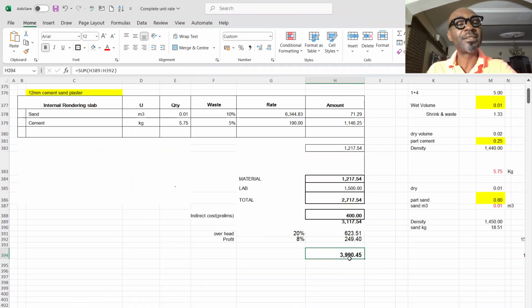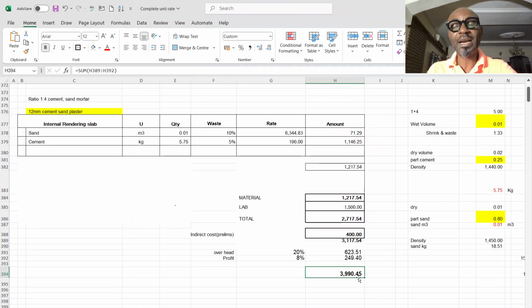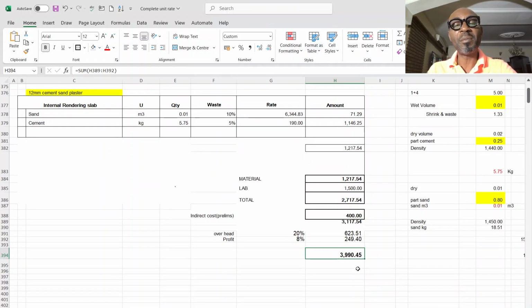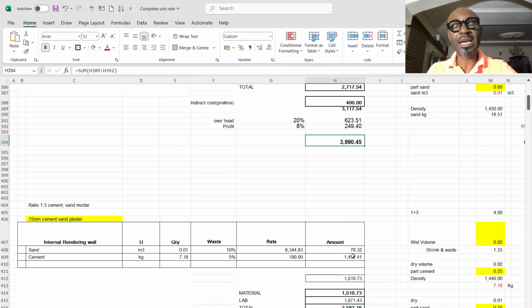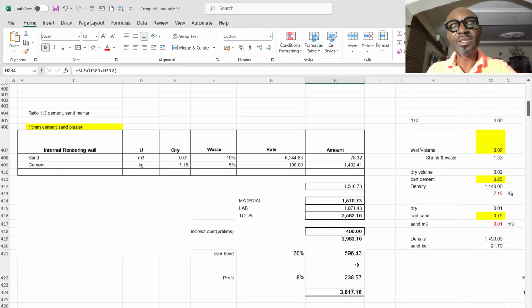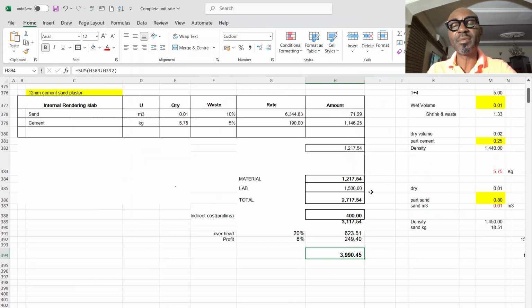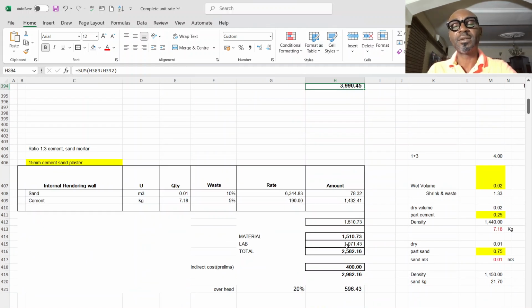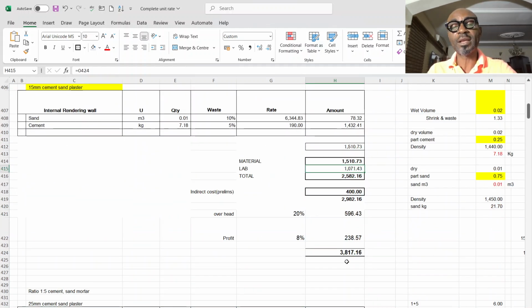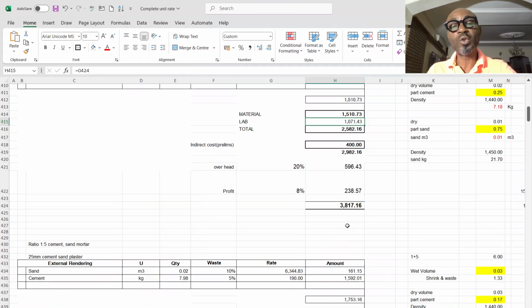Ordinarily you would be asking why the price of 12 is higher than that of 15. If you look clearly, you see that the increase came as a result of the labor cost. The labor cost is higher in this place, while the labor cost is lower here. That made this price slightly lower.